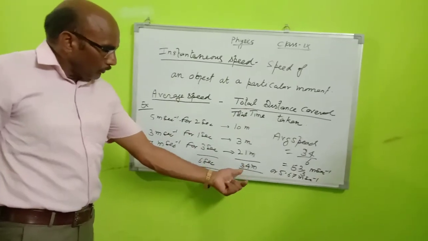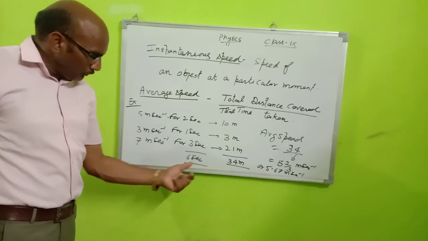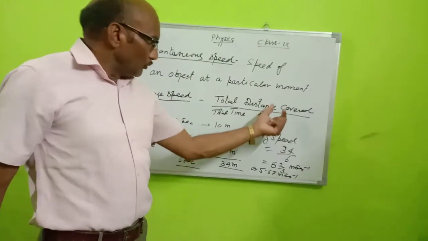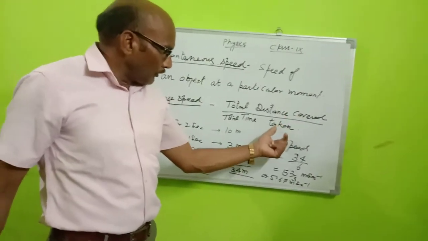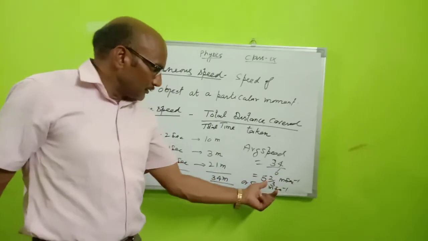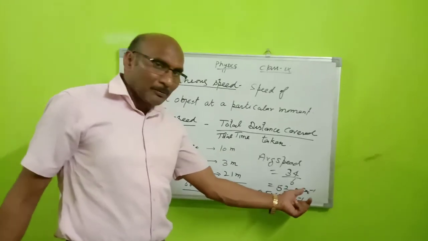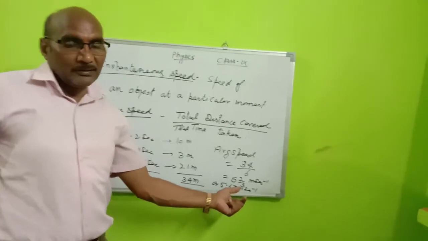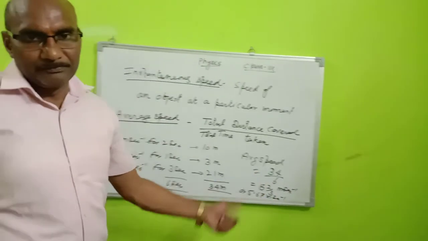The sum of the distances is 34 meter and total time is 6 seconds. So average speed equals 34 upon 6, which is 5 2 upon 3 meter per second or 5.67 meter per second. This is average speed.